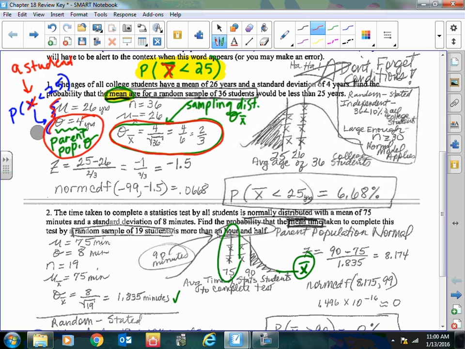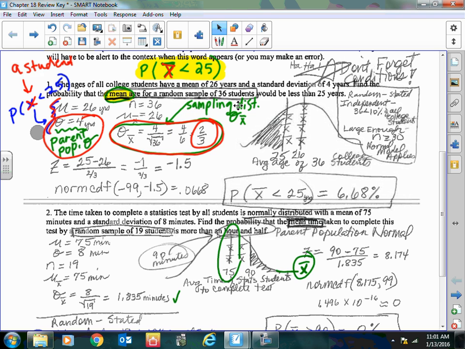But because this problem asks about the sampling distribution, you used the standard deviation of 2/3, which of course is smaller because sampling distribution standard deviations are smaller. Questions on that? Don't forget to do your conditions.